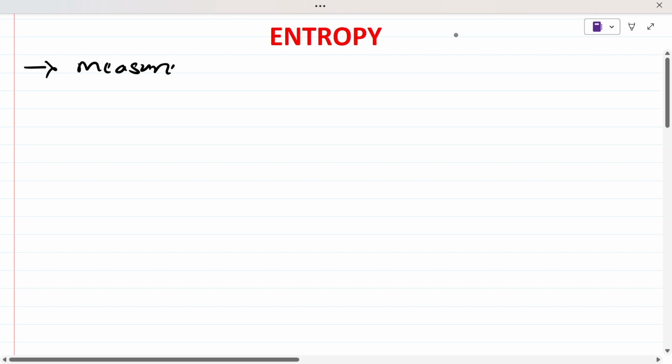Now, to define entropy, the simple thing that you need to know is that it is just a measure of randomness or disorder.